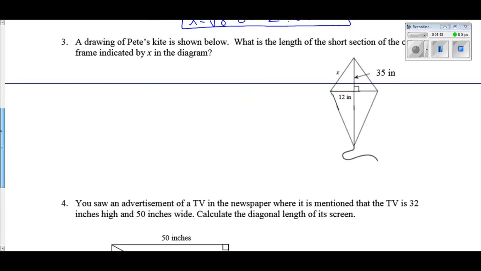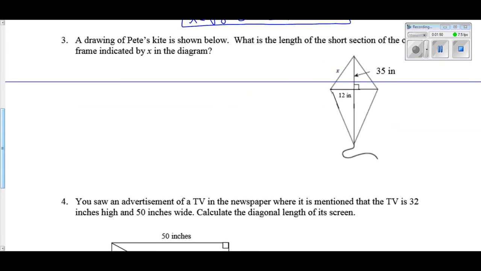Number 3, a drawing of Pete's kite is shown below. What is the length of the short section of the outer frame? So we're looking at this triangle right here. Sorry that we have labeled off. Well, we know that this piece here is our right angle. So we're looking for our hypotenuse this time because the x is across from the right angle. So 12 squared plus 35 squared equals x squared.